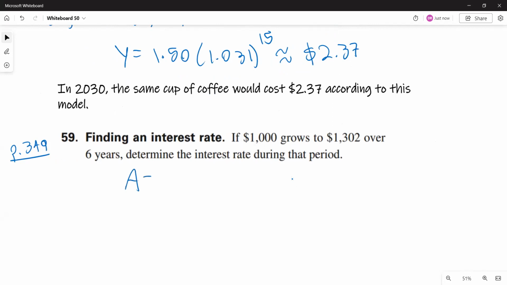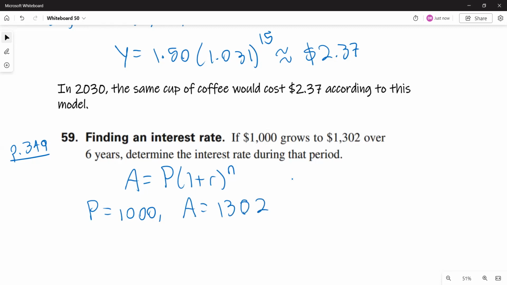So we're going to use again the formula, A equals P times 1 plus R to the n power, where the principal is $1,000, the final amount is $1,302, and that's over 6 years.